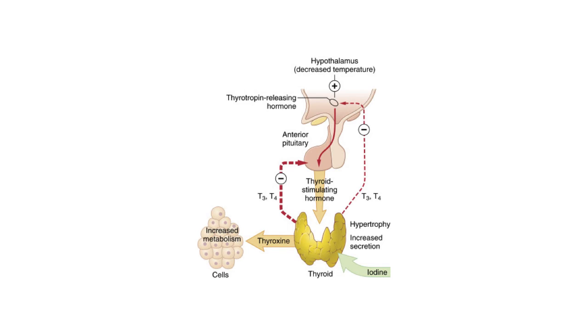Negative feedback on the hypothalamus will decrease secretion of thyrotropin releasing hormone and therefore will not stimulate the anterior pituitary gland to secrete TSH, which is needed by thyroid cancer cells for growth.